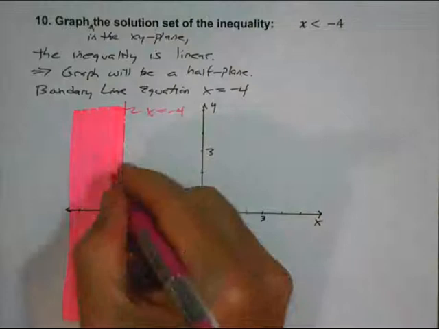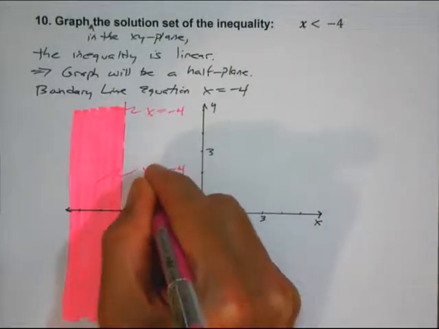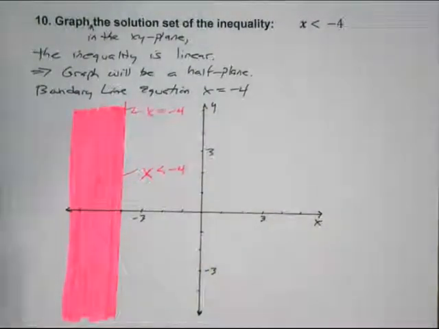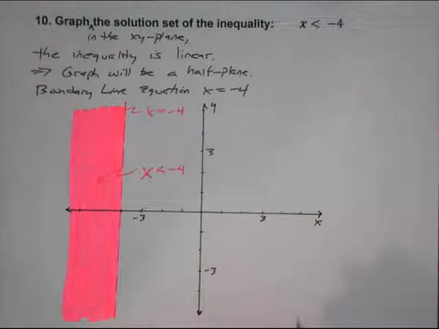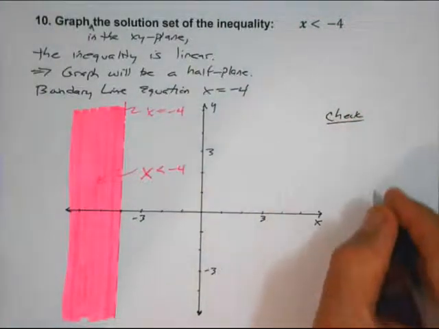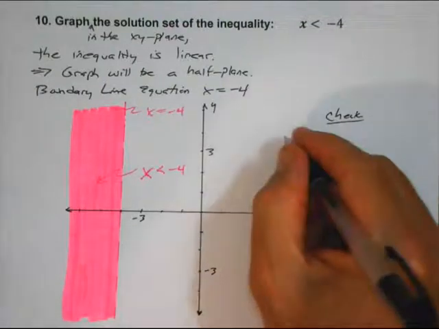Okay, this region now is x less than negative 4. And last thing we need to do is to check this over in just a moment. Okay, 0, 0. It's not in the shaded region.